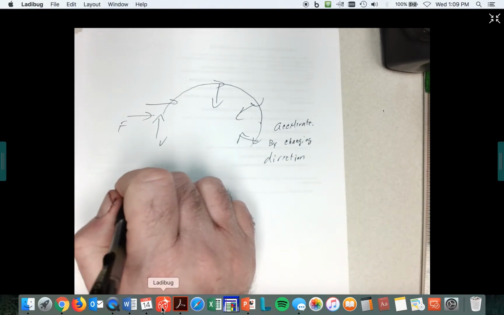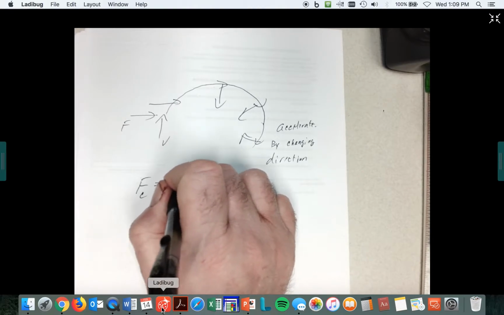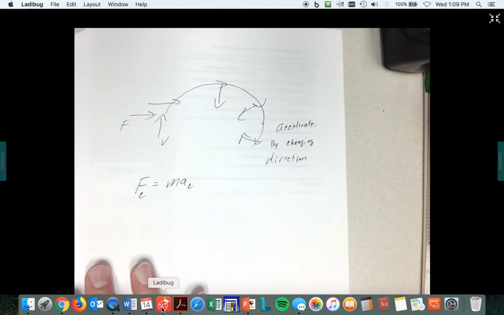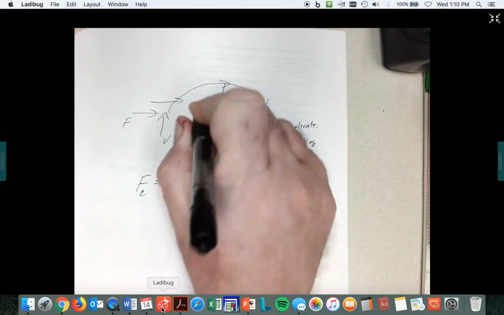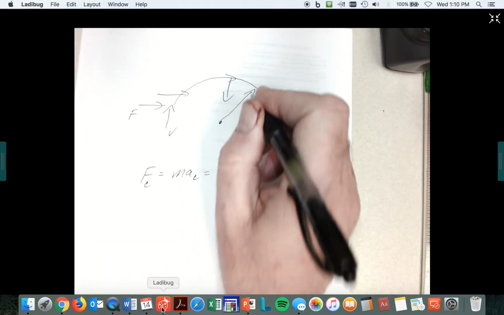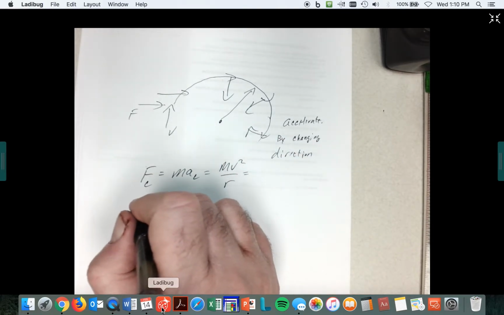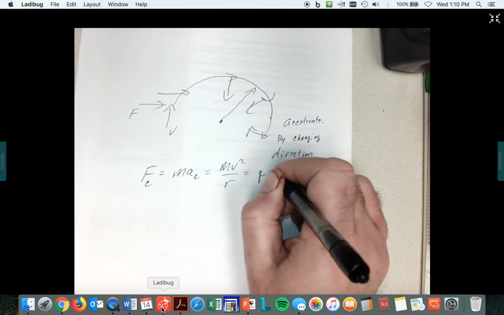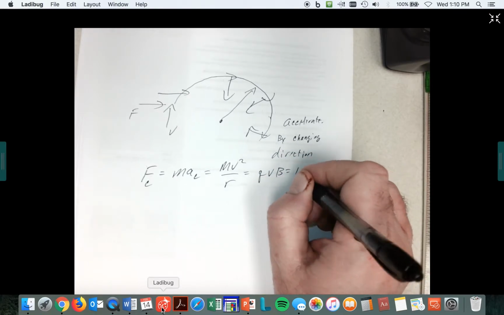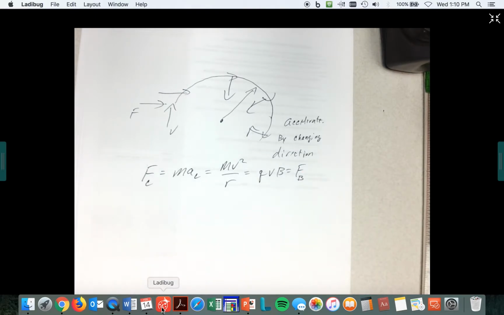We said the centripetal force is equal to the mass times the acceleration caused by the centripetal force, which is equal to mv squared over r, where r is the radius. But wait, we also got this magnetic force, which is equal to qvb, the magnetic field force acting on it.